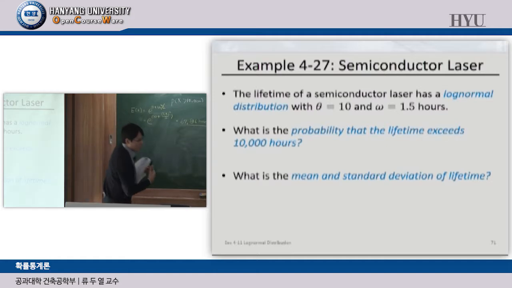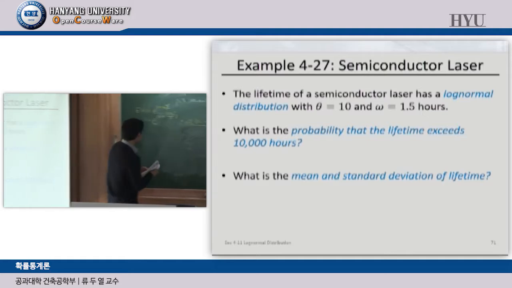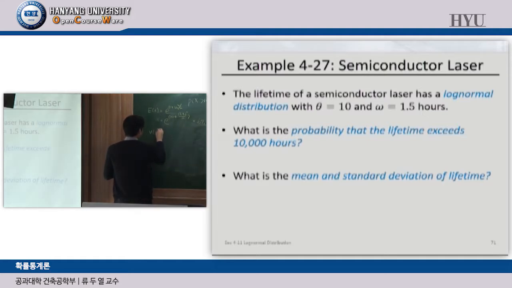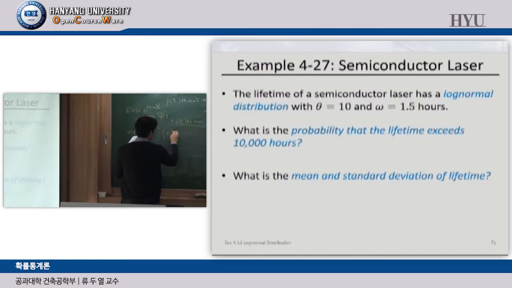And to calculate the standard deviation, we first need the variance. Vx is equal to exponential of 2 zeta plus w square, times exponential of w square minus 1. And this is equal to exponential of 2 times 10 plus 1.5 square, times exponential of 1.5 squared minus 1.